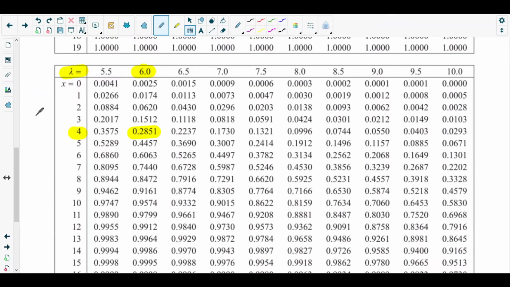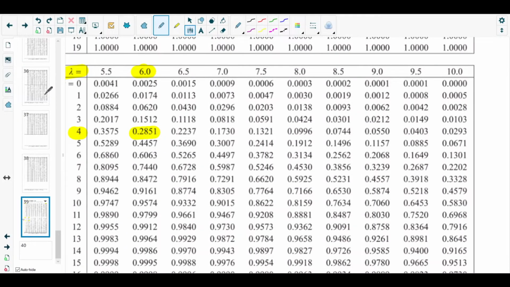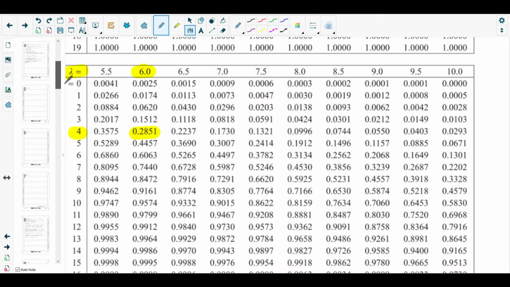This table shows the cumulative probability of x less than or equal to x. So we got our required probability, 0.2851.